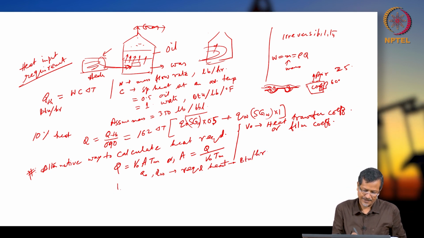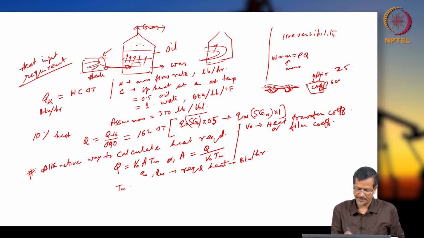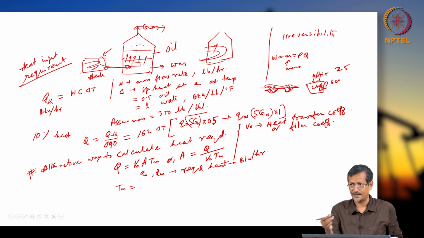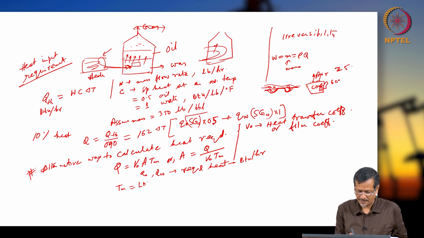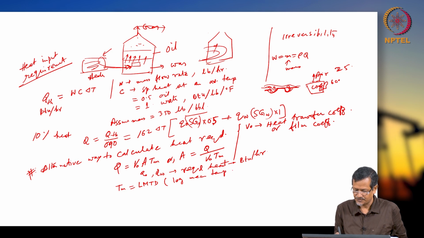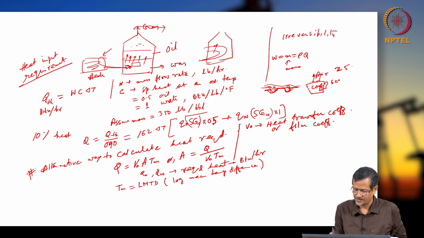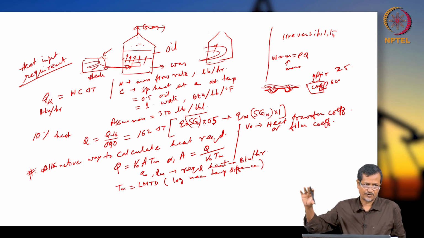And Tm, the term I have used, is actually the logarithmic mean temperature difference. You may have studied in heat transfer LMTD, or log mean temperature difference. And A means the surface area of the pipe or tube, whatever you are using.